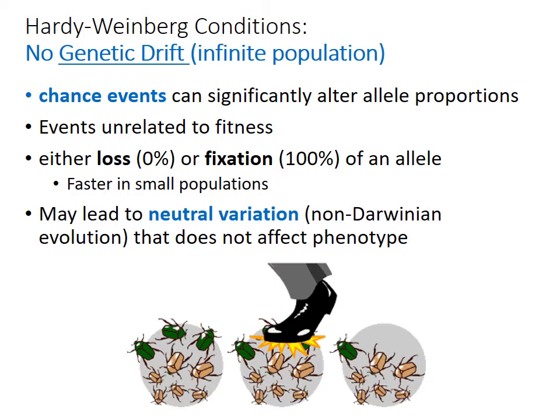So in this picture below with the same beetles we had with the crows, this person really hates beetles, and so they're stomping on beetles, and they happen to stomp on more green beetles than brown beetles, changing the proportion of beetle color alleles in that population, but it was not due to anything in particular. They were trying to stomp as many beetles as they could, and they happened to stomp on more green beetles.